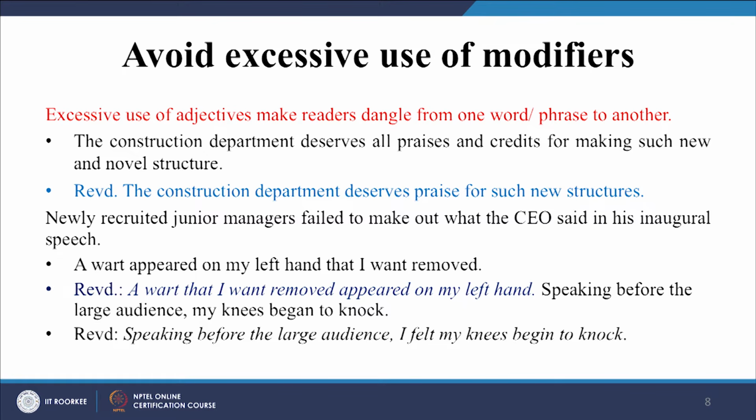There are two words which are merely modifiers or adjectives. Praises and credits, so go for one word only. New and novel, go for one word only. Your task should be to establish the meaning, and that is what the readers also want. Readers want to move forward when they are reading something.